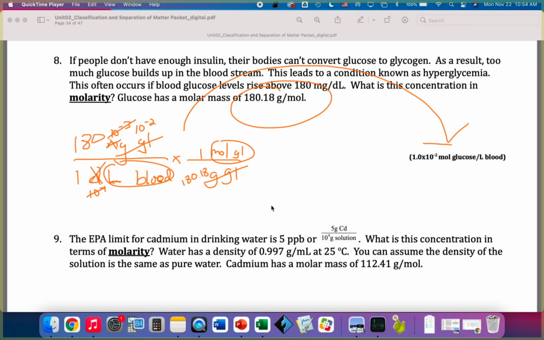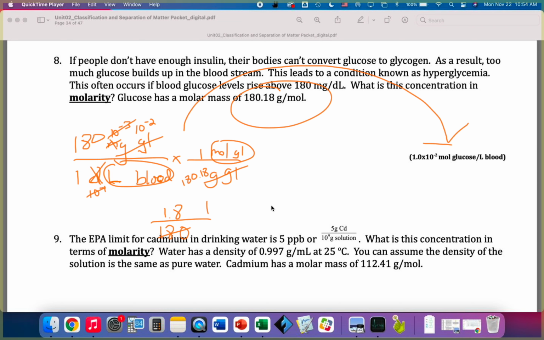So now we need to do a little bit of cleaning up. 180 times 10 to the negative 2 would be about 1.8 divided by, oh, this is kind of nice, 180. So 18 divided by 18 would be 1.